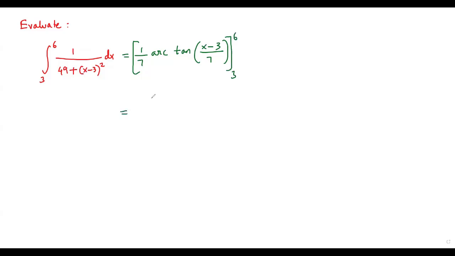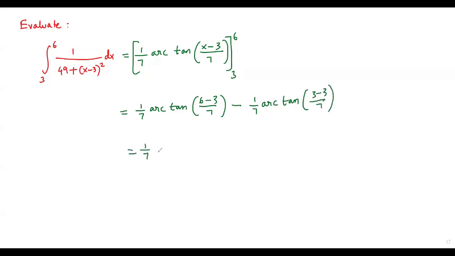In this result, for x, I have to plug in the upper limit 6. Then I'm getting 1 over 7 times arc tangent of (6 minus 3) over 7. Now I have to take the negative sign. In the same result, I have to plug in the lower limit 3 for x. Then I'm getting 1 over 7 times arc tangent of (3 minus 3) over 7.